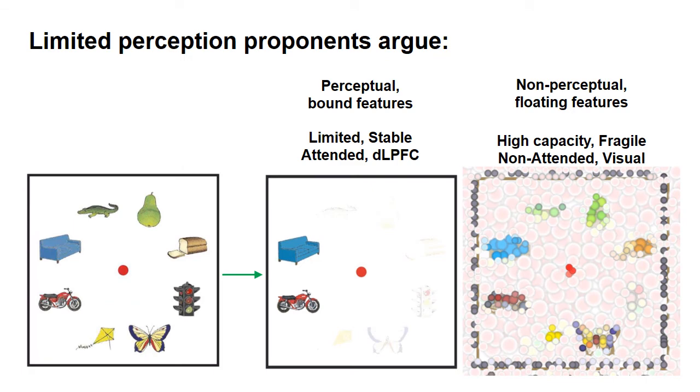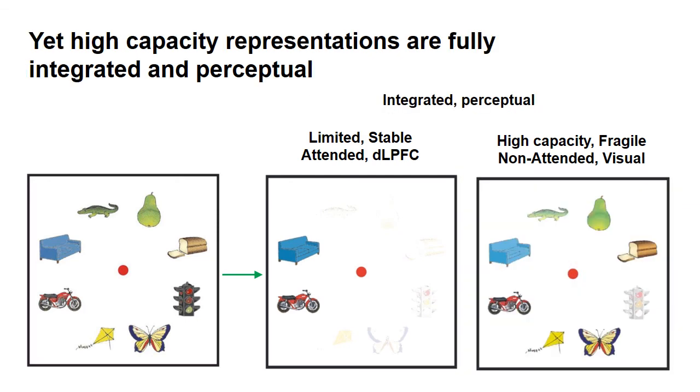So also the idea that items in fragile memory are stored as loose and unbound features is clearly incorrect. Instead, items in the fragile high-capacity representation are fully integrated and have perceptual qualities like amodal completion and perceptual inference.